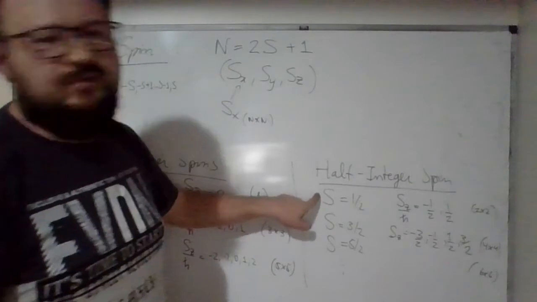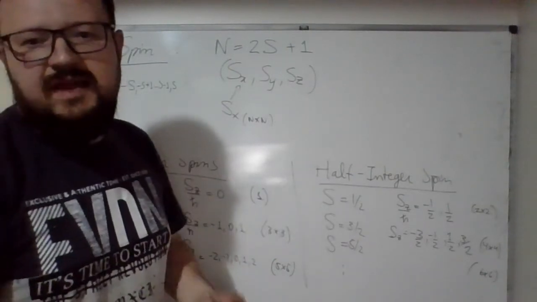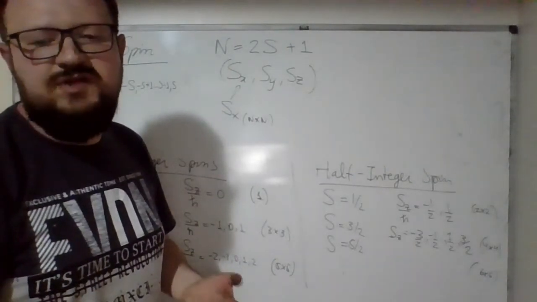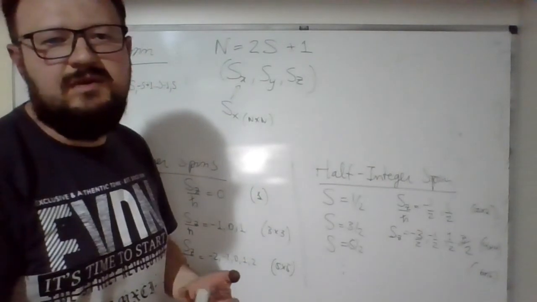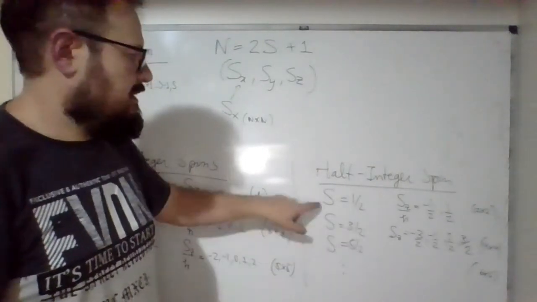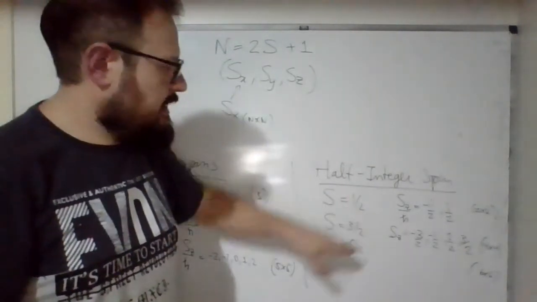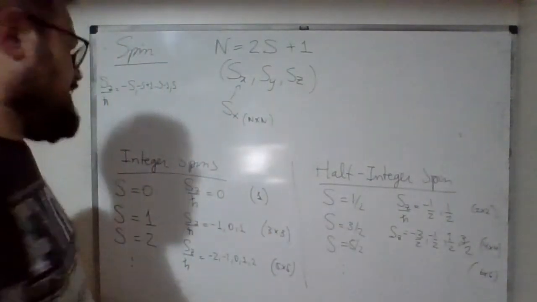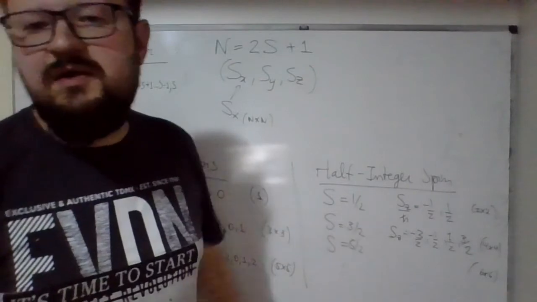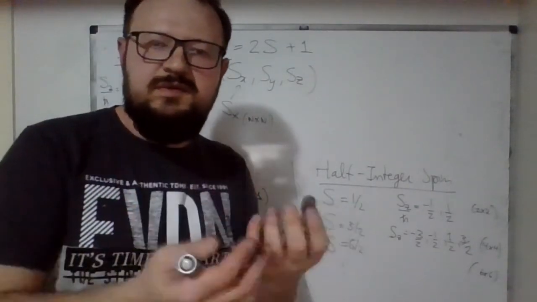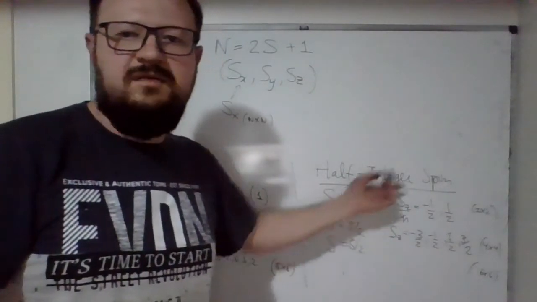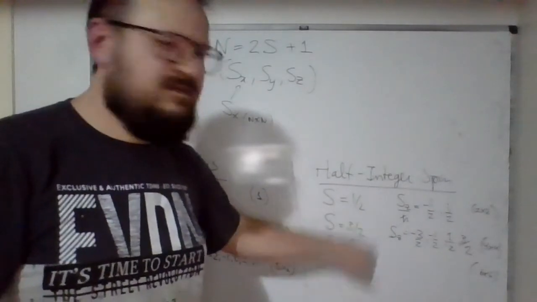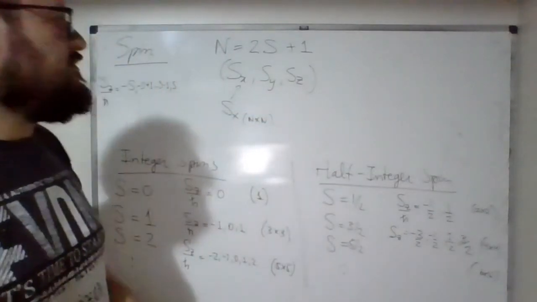And here for spin 1/2, you can have electrons, protons, neutrinos, quarks, neutrons. Then 3/2, 5/2 are composite particles. If you compose an odd number of half integers, you can have half integer spins.